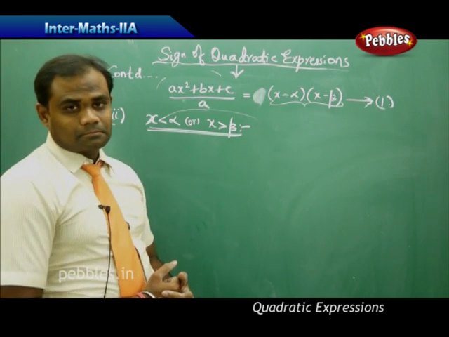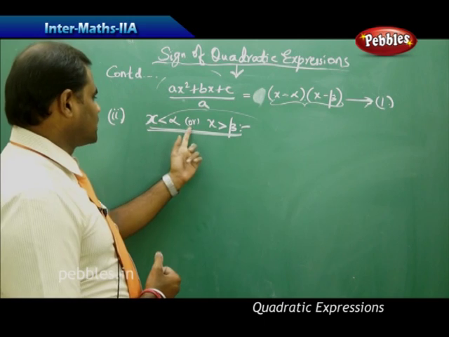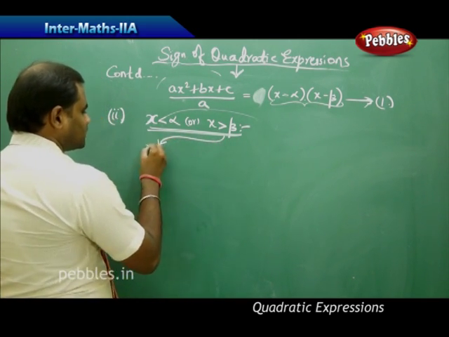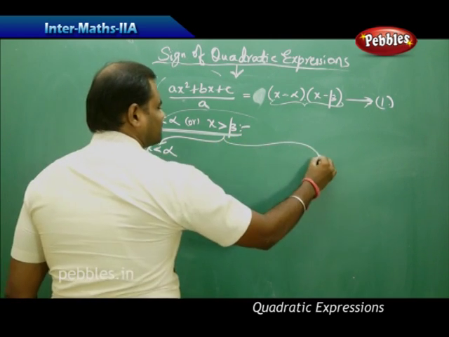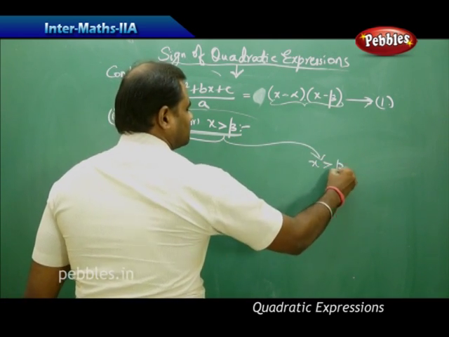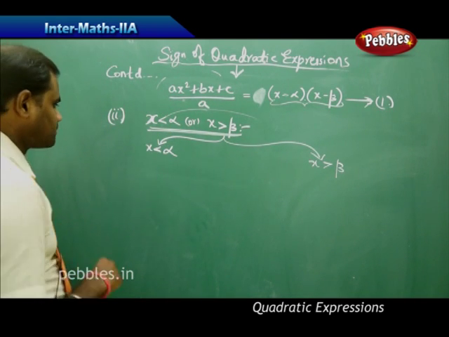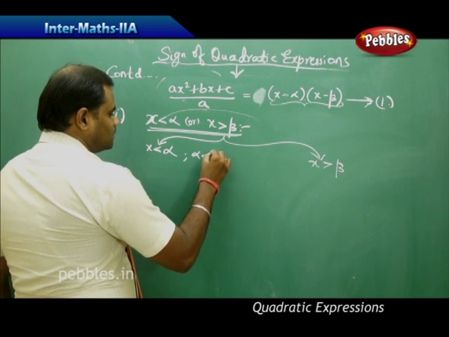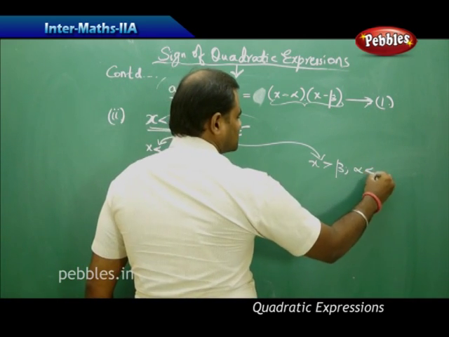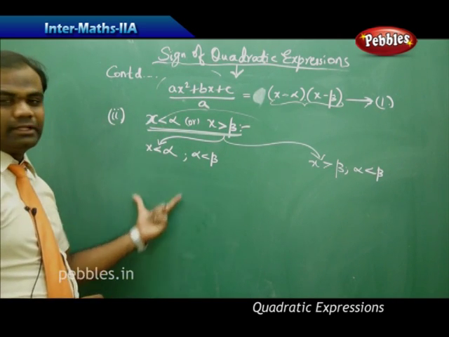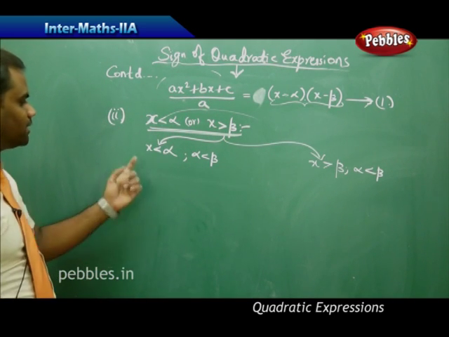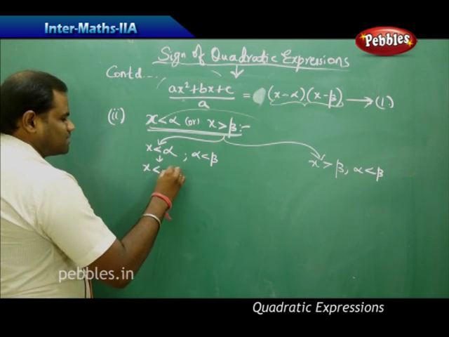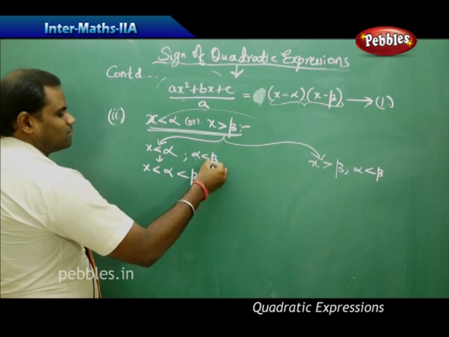Now let's see case 2, where x is less than alpha or x is greater than beta, where I split initially with x less than alpha and then with x greater than beta, and see each of the cases. As I know that alpha is less than beta in either of the cases, let's initially proceed with this. Now, x is less than alpha and alpha is less than beta implies x is less than alpha less than beta.